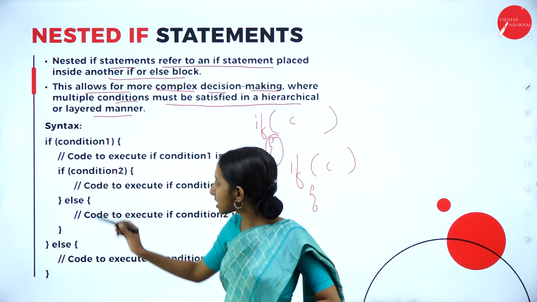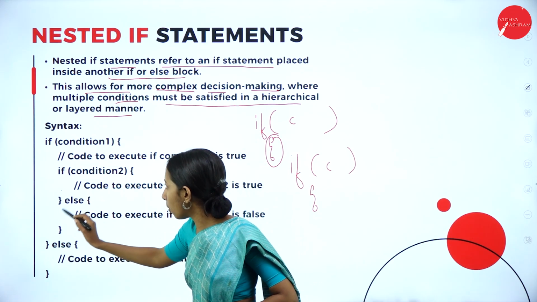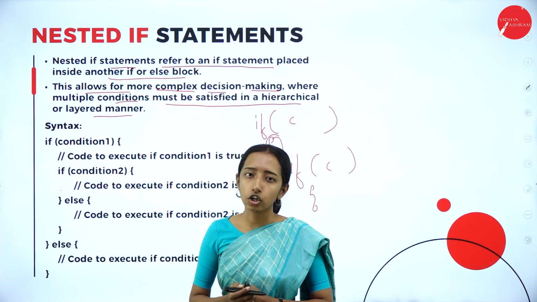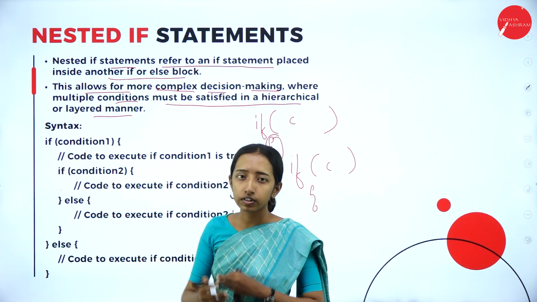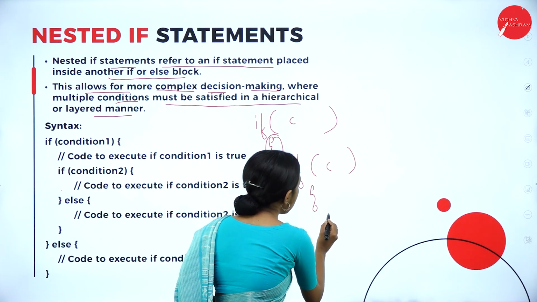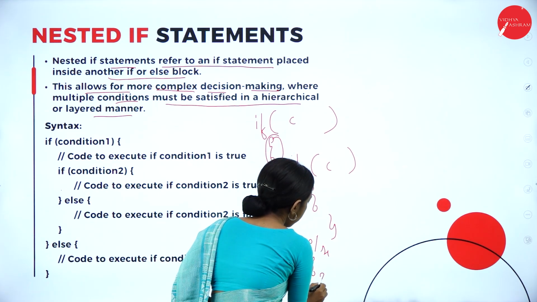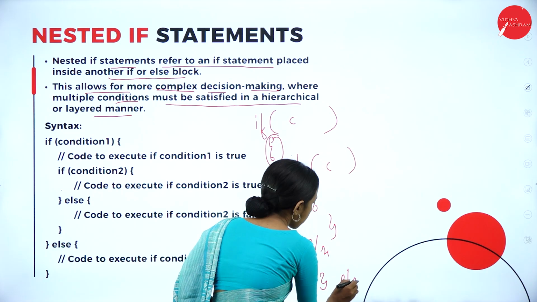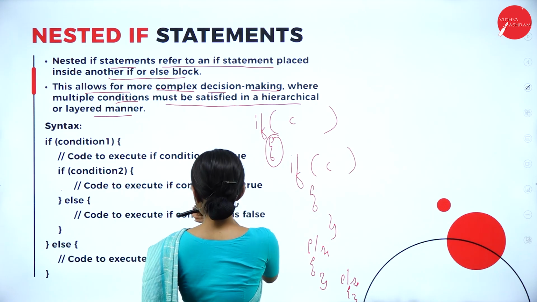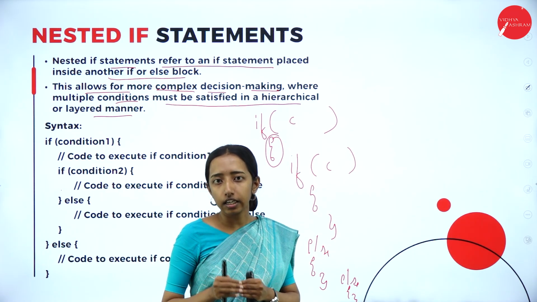You can see the syntax: condition 1, condition 2, and it is closed, then the else part, another else, and the flower bracket is closed. So we will have an if inside another if and also an else part and another else. In this way we can have one or two else parts. So this is about the nested if.